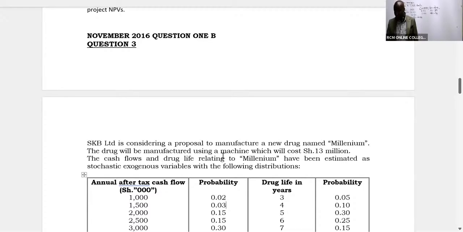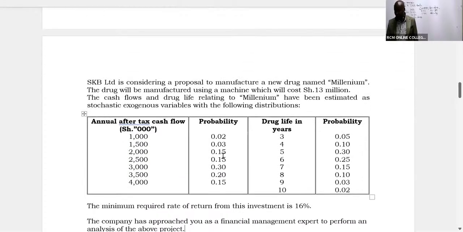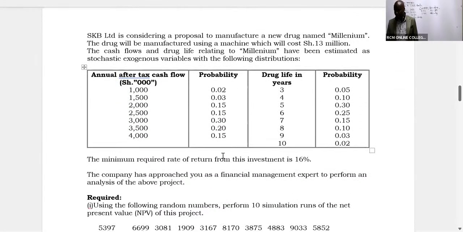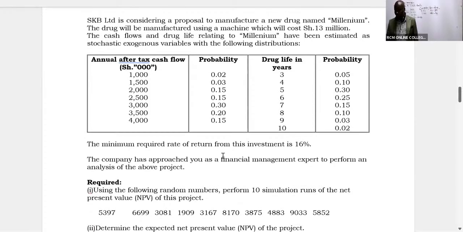So we have annual after-tax cash flows, probability, drug life, and then the probabilities there. So we have 2 variables there. They tell us the minimum required rate of return is 16%. The company has approached you as a financial management expert to perform an analysis of the above project. Required: using the following random numbers, perform 10 simulation runs of the net present value of this project.